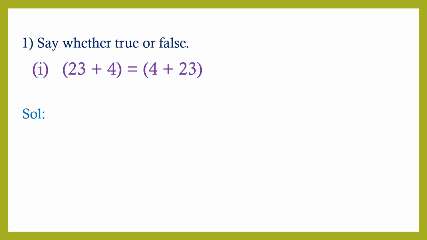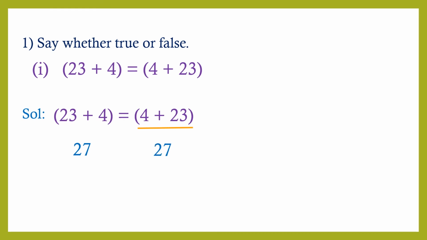For that, first take the statement, that is 23 plus 4 equal to 4 plus 23. To find out whether the given statement is correct or wrong, first take the left side expression and find the value of 23 plus 4. 23 plus 4 is equal to 27. Find out the value of the right side expression, that is 4 plus 23 equal to 27.